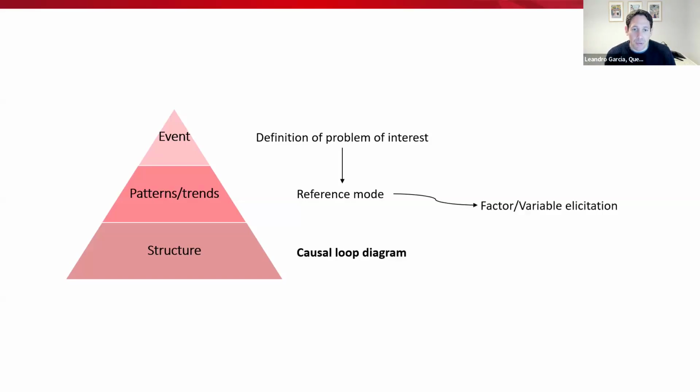Based on the reference mode, we then elicit variables or factors that we believe contribute to the observed or expected patterns, or are consequences of these patterns. After we list the variables, we start to list the relationships between them, the structure of these causal relationships, and that at the end leads us to the creation of the causal loop diagram. I'm going to walk through each of these steps in the session today.